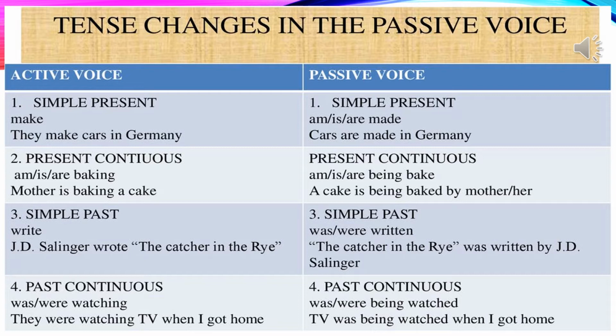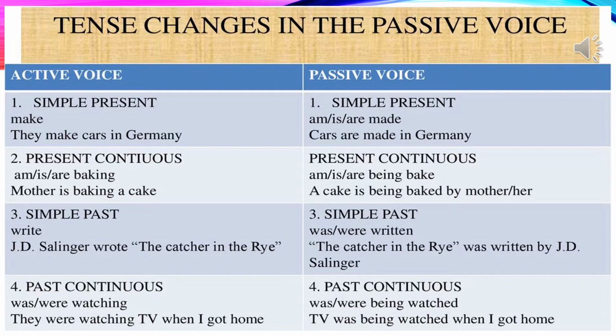See the second tense, present continuous tense. You know the format of present continuous tense? Subject plus is, am, are plus V4 plus object. How is it changing in passive voice? So let us see the example in active voice. Mother is baking a cake.